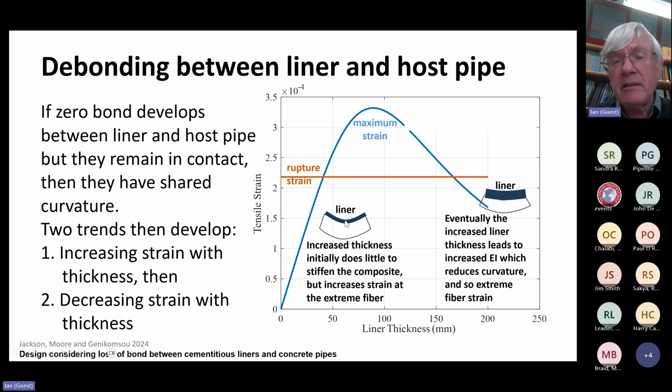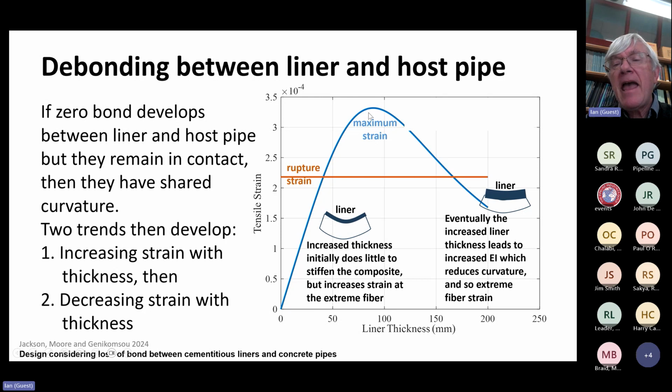So it adds very little to the stiffness of the system, and so it just goes along for the ride. And as you increase the liner thickness, the distance from the neutral axis of the liner to the extreme fibre increases, and so the tensile strain will increase. So initially, as we increase the thickness of the liner, we get more and more tensile strain.